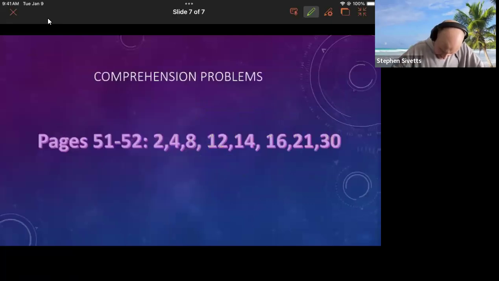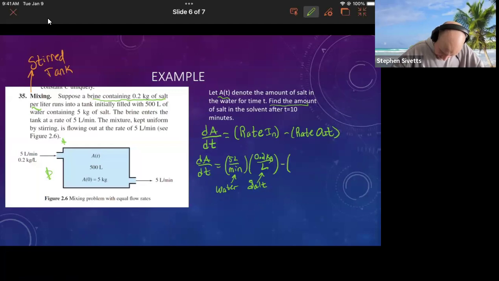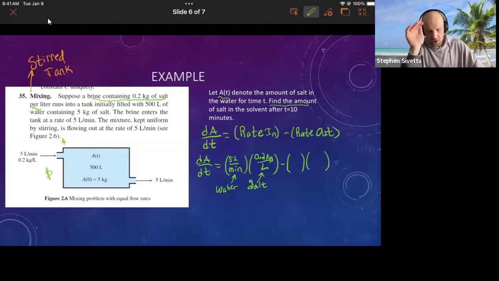Minus. So this is where it gets a little bit tricky. Okay. So we don't know the amount of salt that's going out of the tank, right? We don't know the rate of change of the salt going out of the tank. Okay.